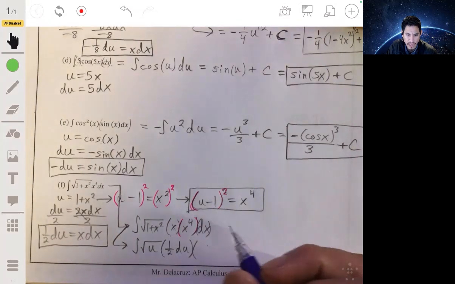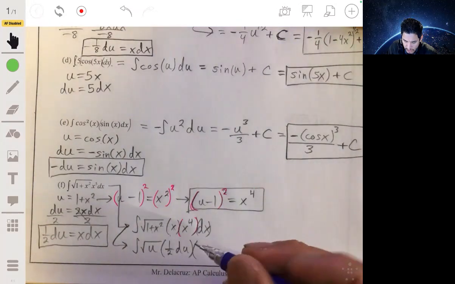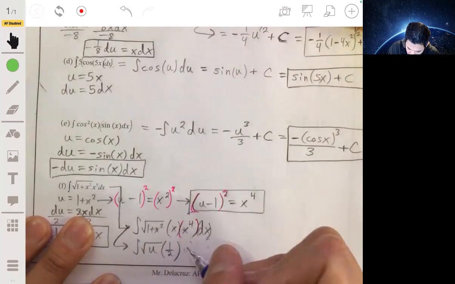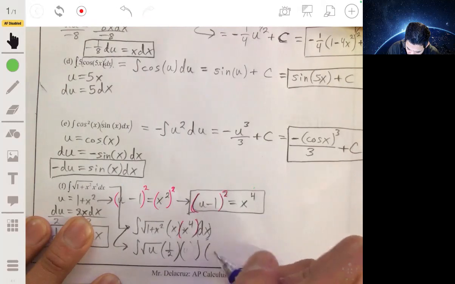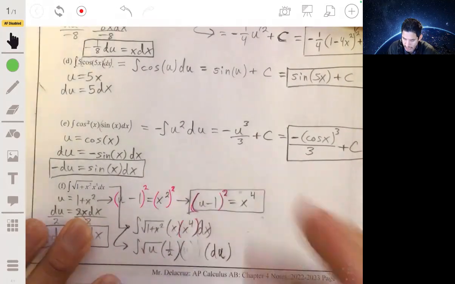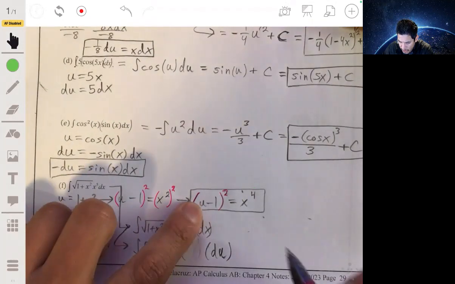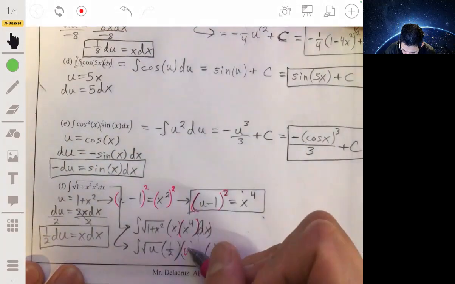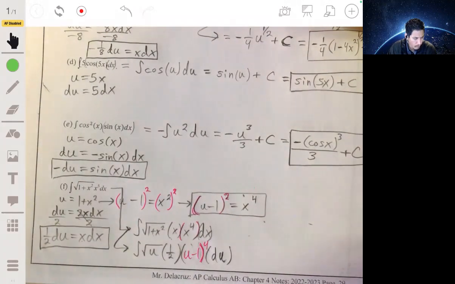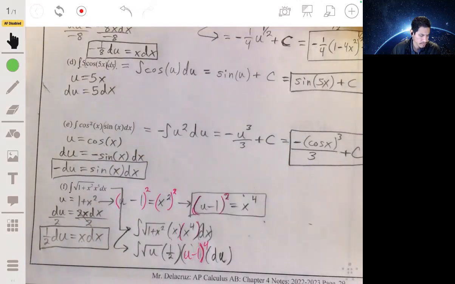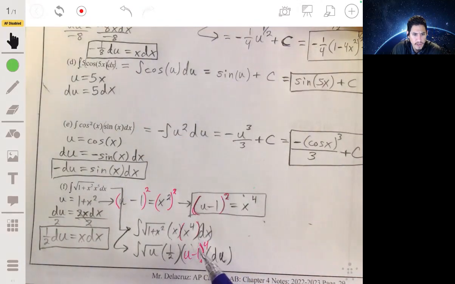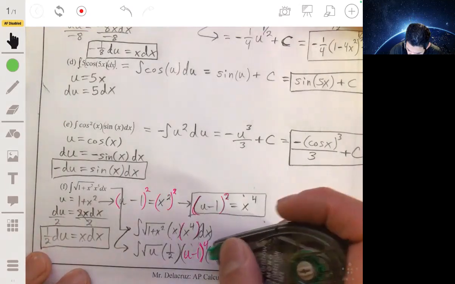Actually, let me just put that du at the end afterwards, because that's going to be misleading. Let's put that du over here. And then that x to the 4th, that'll be the u minus 1 squared. Now, not u minus 1 to the 4th, u minus 1 squared is what I meant to put.